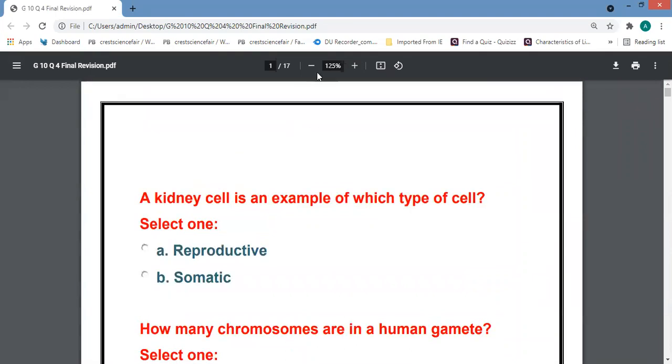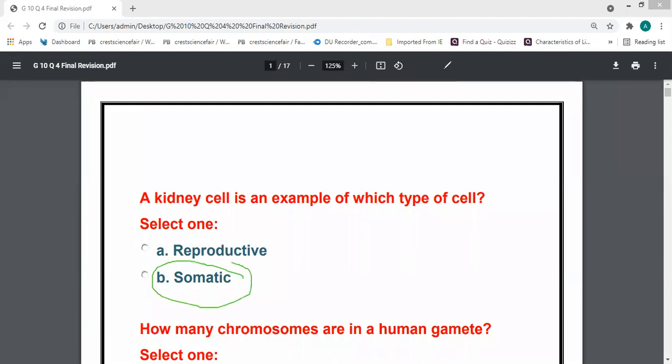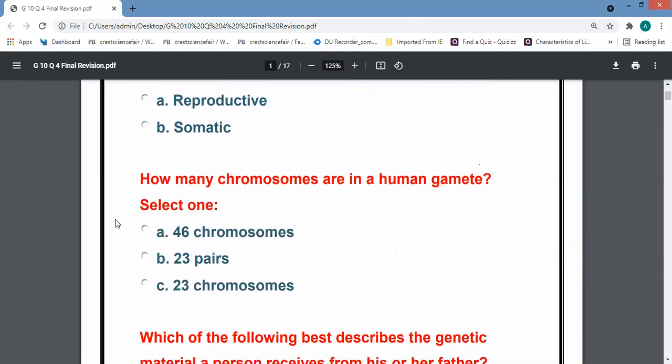Let's start with the first question. A kidney cell is an example of which type of cell? Kidney. Somatic. Somatic, excellent. Next one, how many chromosomes are in human gametes? The word gametes mean the sex cells.